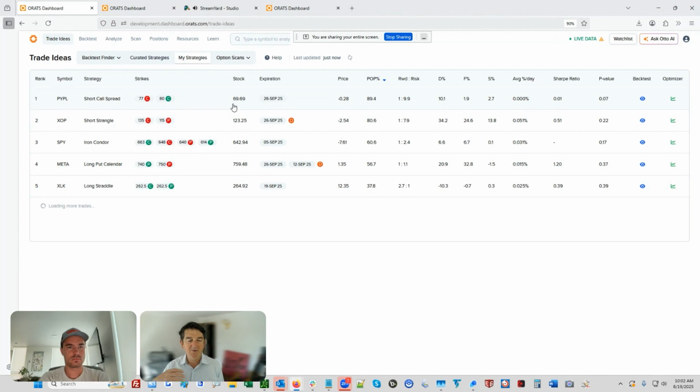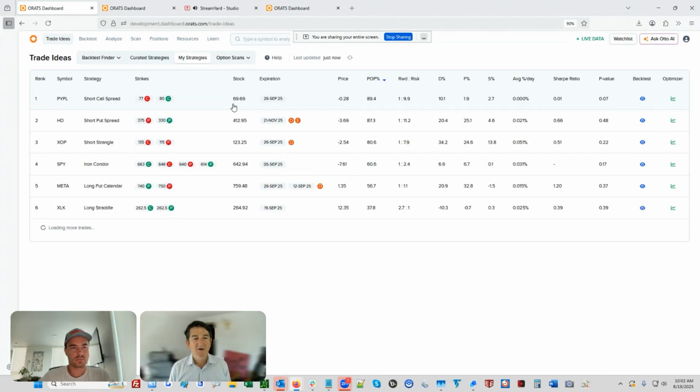So we're going to be choosing backtests that have some criteria filters on them, and then optimizing on these backtests. And when we save that to my strategies or my backtest, and we go to the trade ideas, it will only bring in these trades that have met all of the criteria.